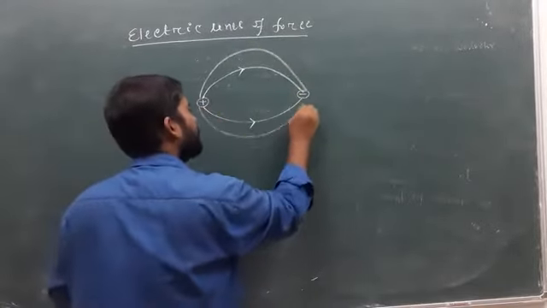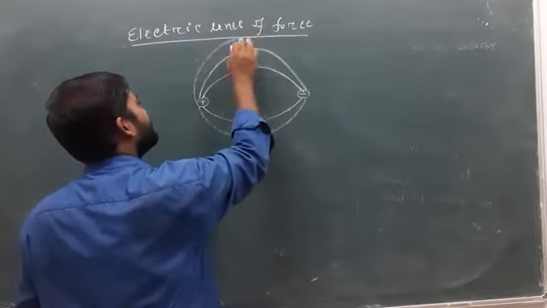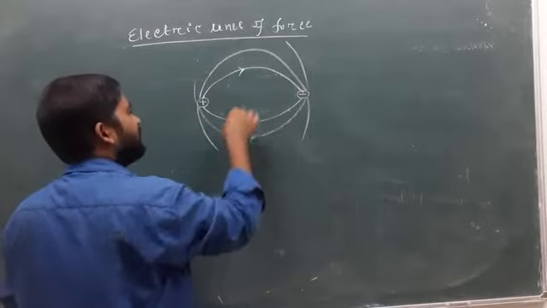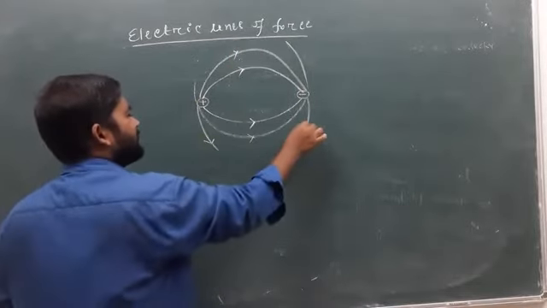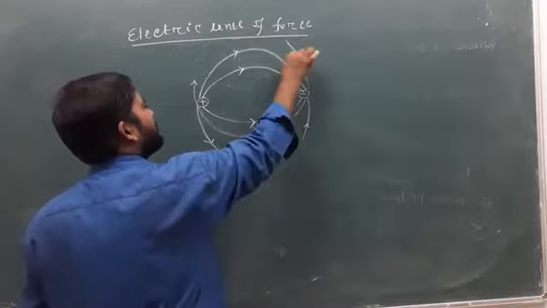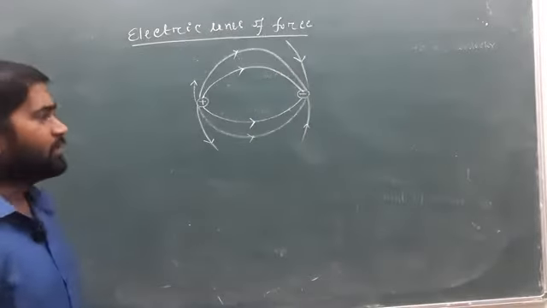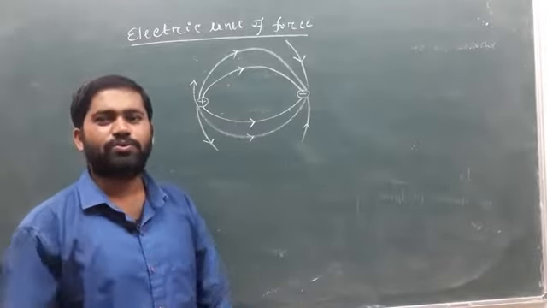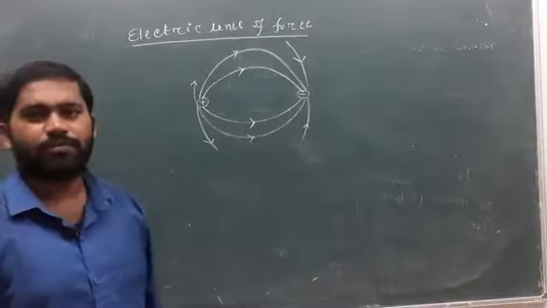You can draw more electric lines of force like this. They only start from positive and end at negative charges, and these are generally curved lines. When you consider two charges close to each other, they give curved lines.